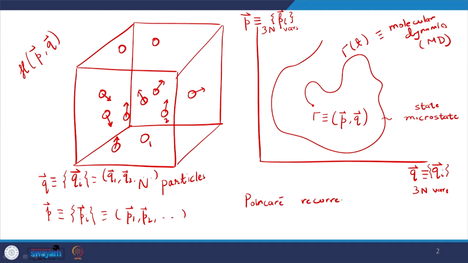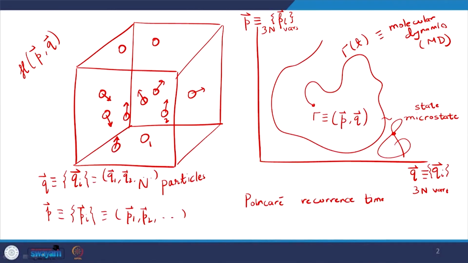That is when you can revisit a state, or in terms of our trajectory, it may be something like that. So whenever we cross the same point, we are revisiting the same point in the trajectory. Intuitively you can see from the diagram that it is happening, but in reality, since we are running only for a finite time, that will seldom happen for a very large number of particles.